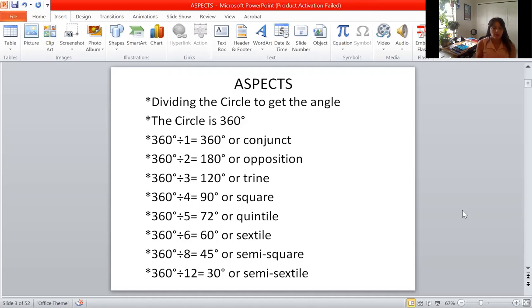Divided by 6, the 60-degree angle, or the sextile. Divided by 8, 45 degrees, or the semi-square. And divided by 12, 30 degrees, or the semi-sextile. I've skipped some numbers because they don't work out exact, and there are some other aspects we're going to add. I just want you to start to see some different ways of dividing this.